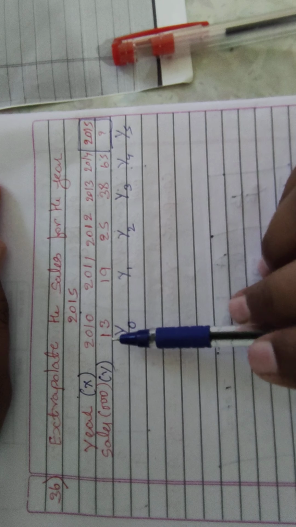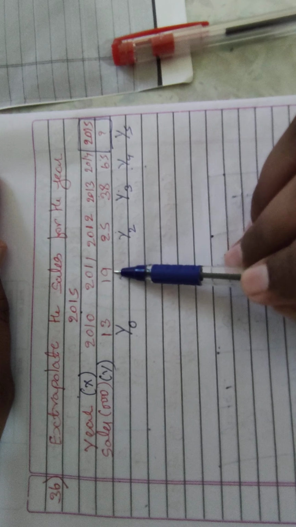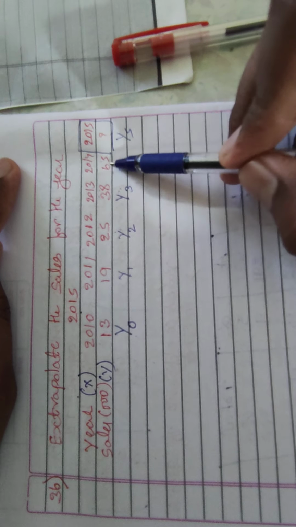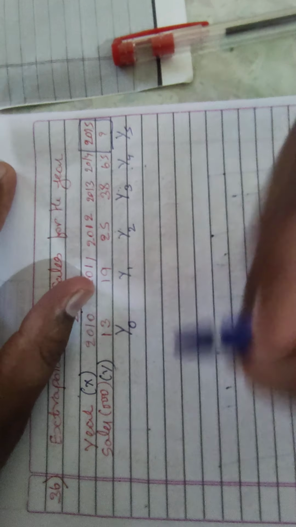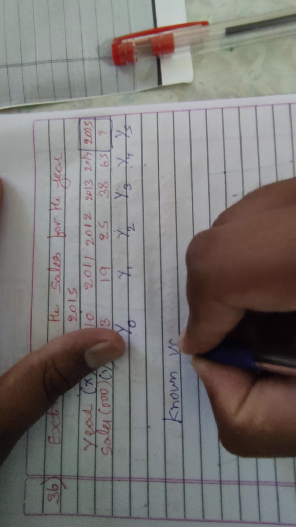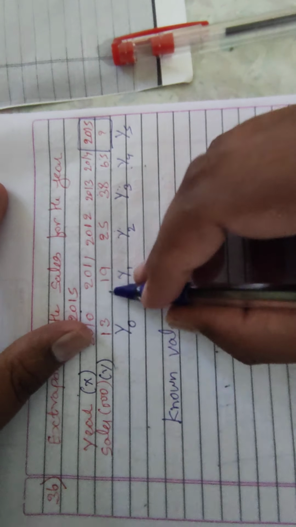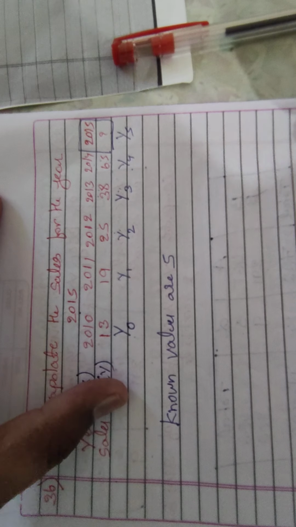What are the known values here? 2010 we already know, 2011, 2012, 2013 and 2014 we know. So the known values are 5.